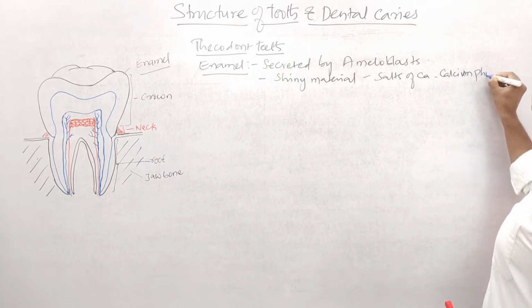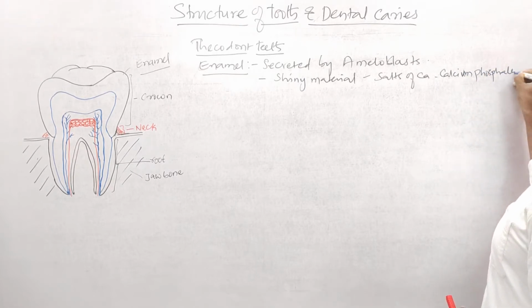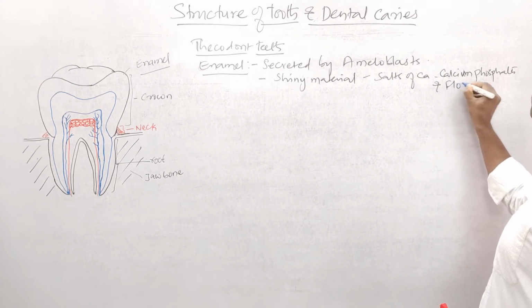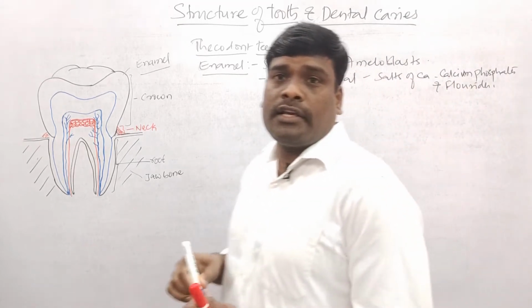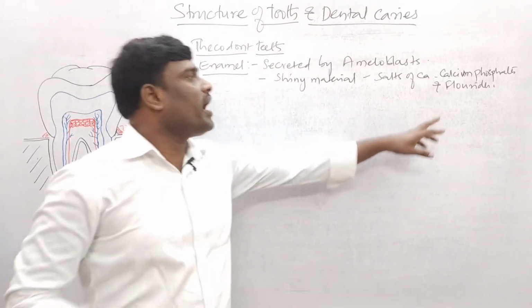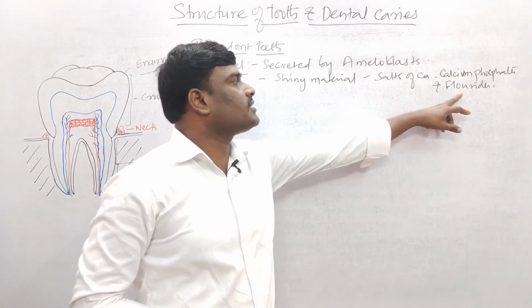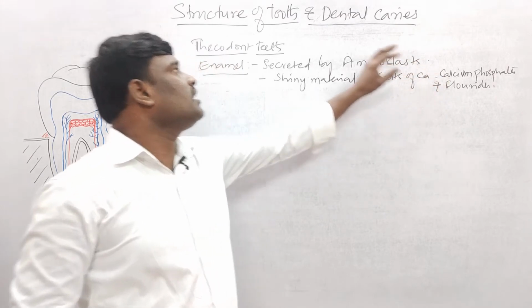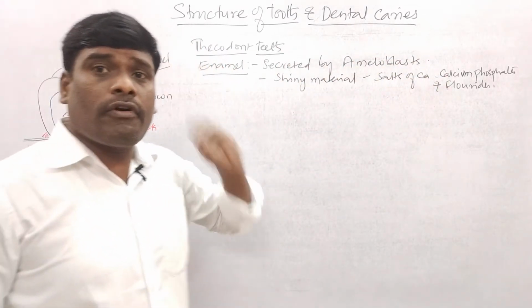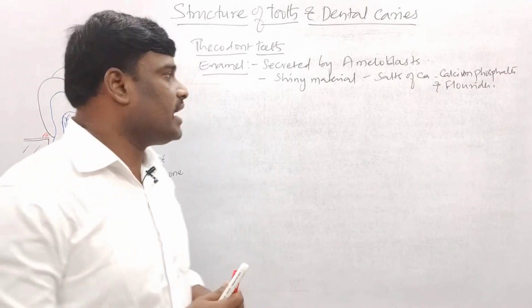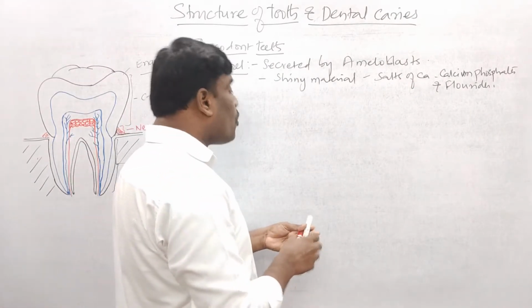And fluorides also. Got it? So if a required amount of fluorides is present, then it is helpful for the formation of this enamel. If excess of fluorides is present, then we call it mottling.